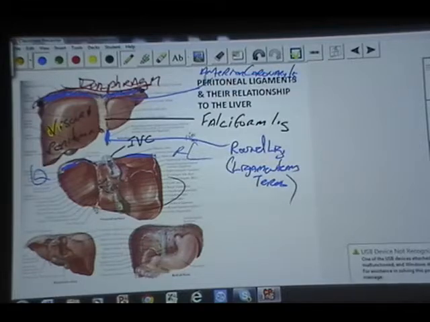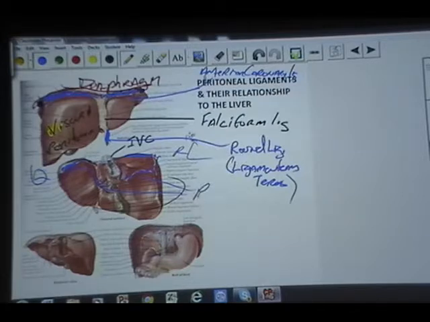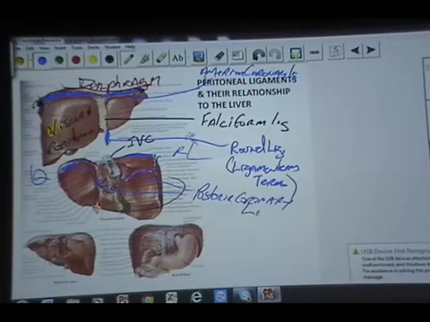And here is the posterior coronary. This isn't quite as thick, but it comes over here. So that anterior coronary comes out to the side and it joins the posterior coronary. And where the anterior and posterior coronary ligaments join, out here, these are called triangular ligaments.